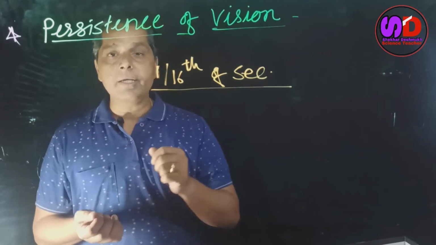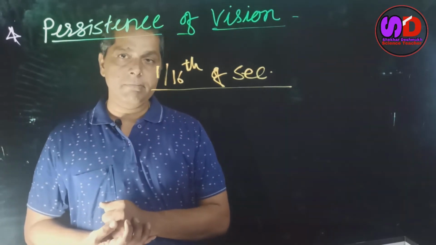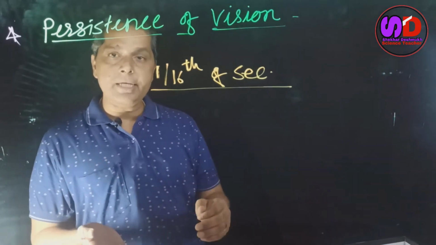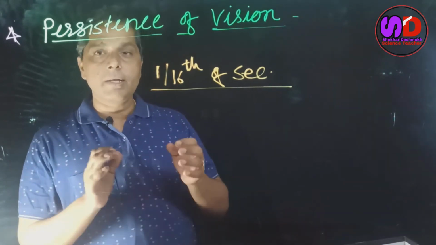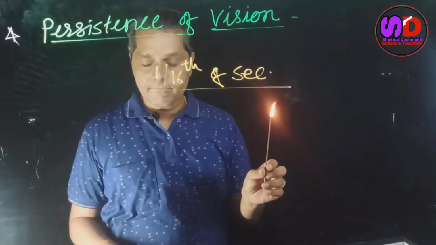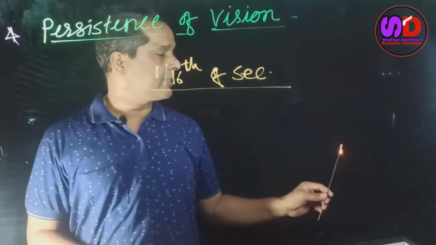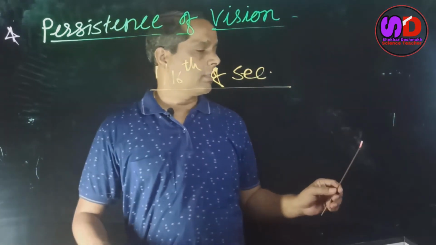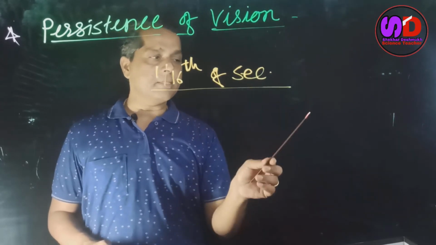A very small example is given in this book, you should try that activity. Or we can see this activity here also. Let us see that activity. In this activity, this is nothing but an incense stick. You can see it here, I place it like this.